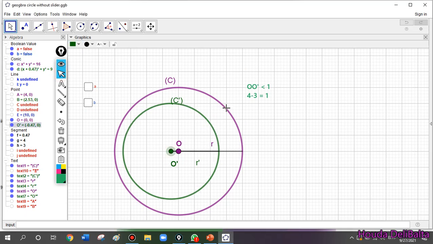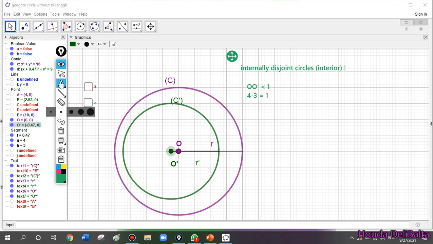These two circles here are called internally disjoint. They are disjoint but internally. So these are called internally disjoint circles, and some call them interior circles.